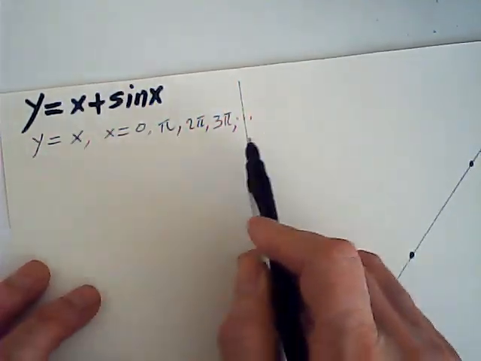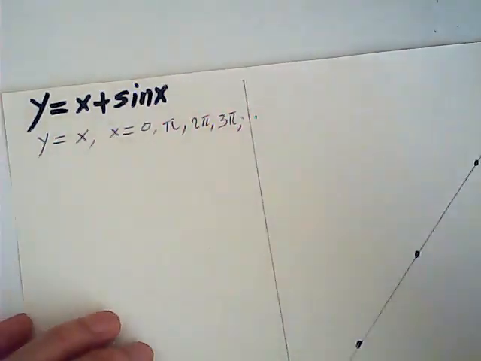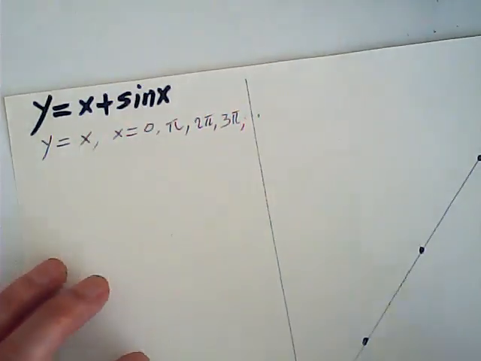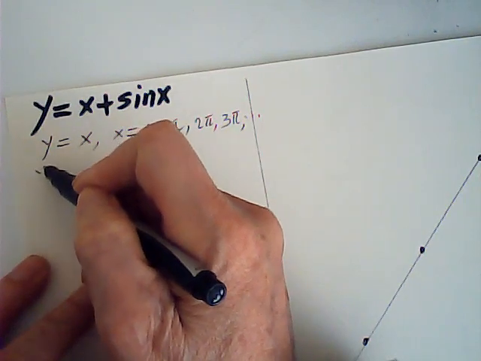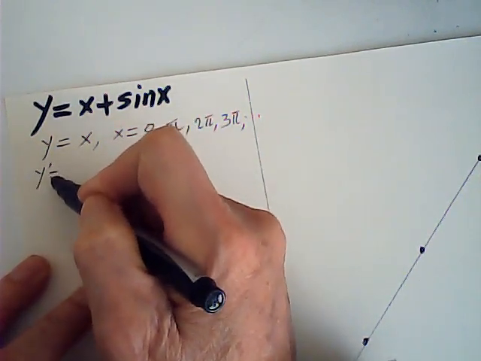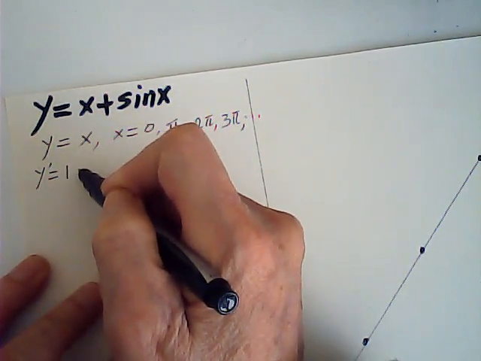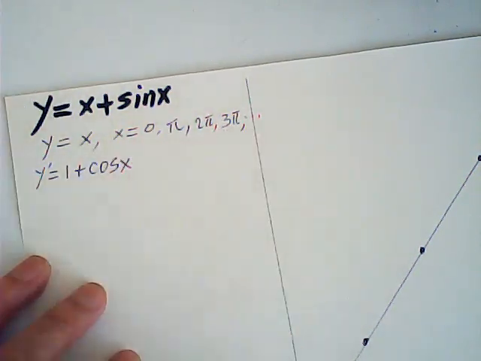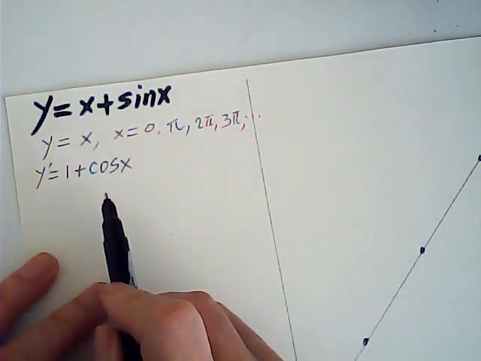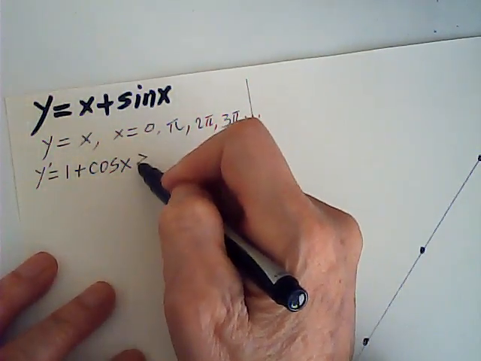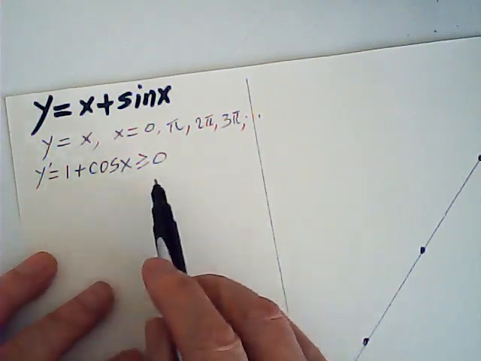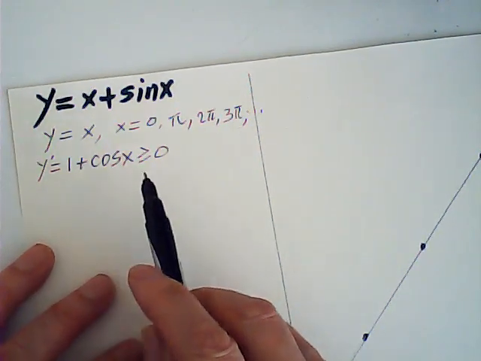Now we are looking for information so we can sketch the curve, right? And then consider the derivative. The derivative y' is equal to 1 plus cosine x. That function is 0 or positive, so we know that the function is not decreasing.